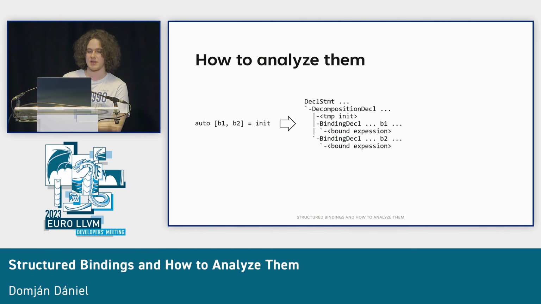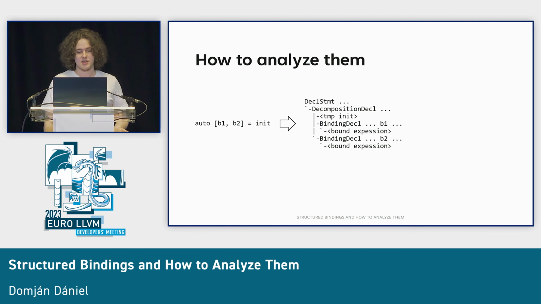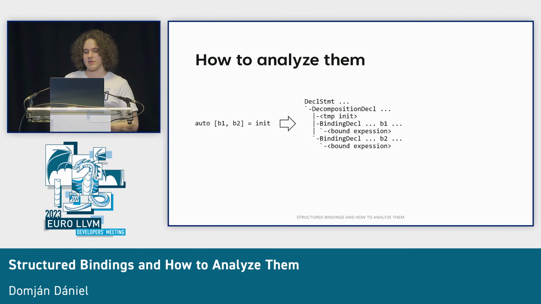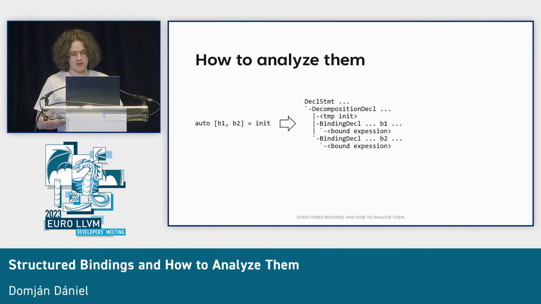Basically, a structured binding declaration is going to be a declaration statement which holds a decomposition declaration, where the first child of the decomposition declaration is the expression that creates the temporary variable, and then every identifier is represented in the form of a binding decl, which holds an expression, which if evaluated, represents the value that belongs to this identifier.